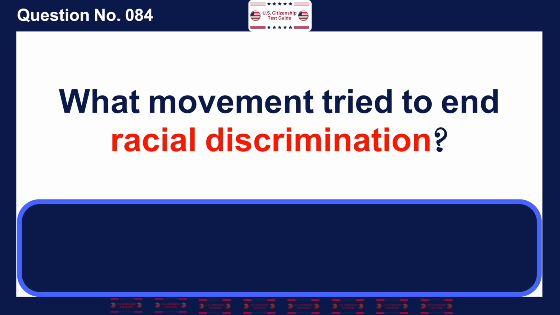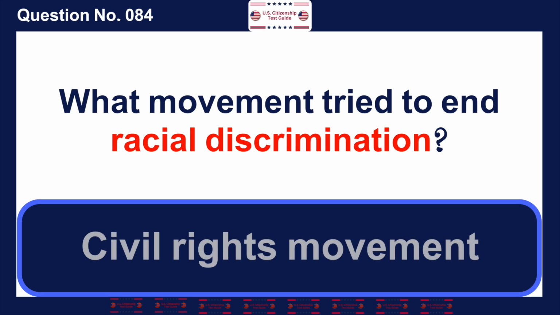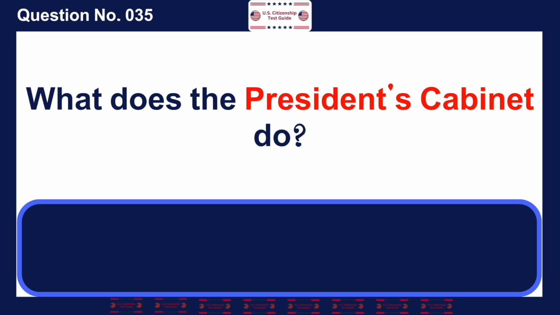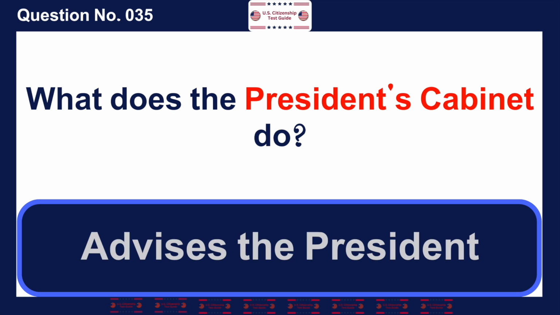What movement tried to end racial discrimination? Civil rights movement. What does the president's cabinet do? Advises the president.